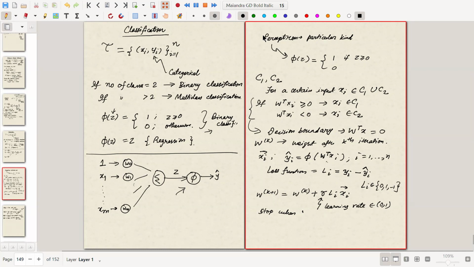When Li equals 0. When your loss function is 0, loss is 0. So that's what you wanted, right? Basic thing. So when Li equals 0, you have to stop your algorithm.